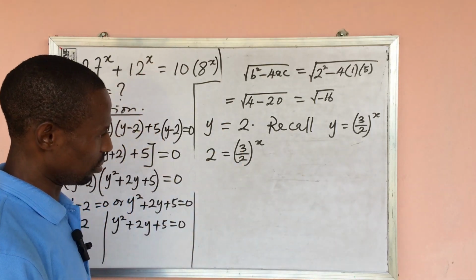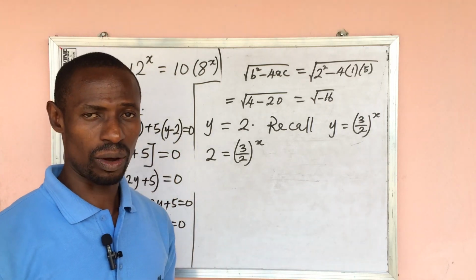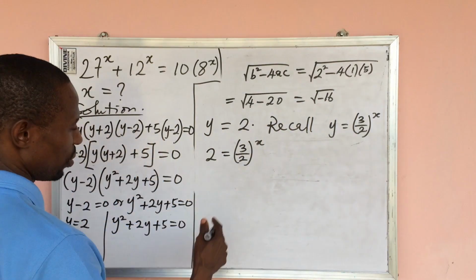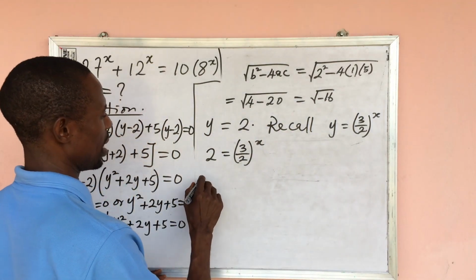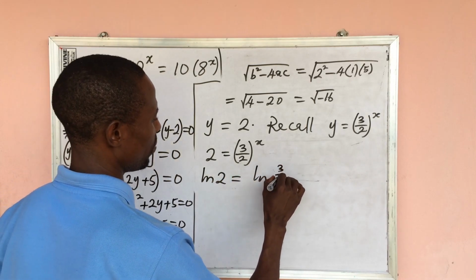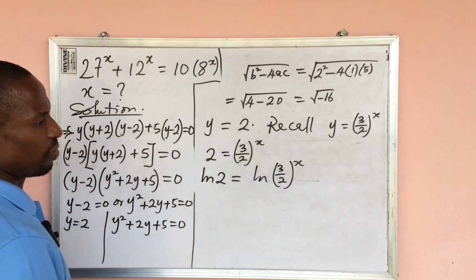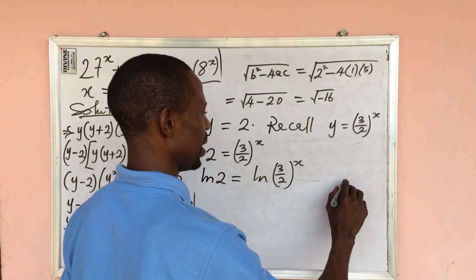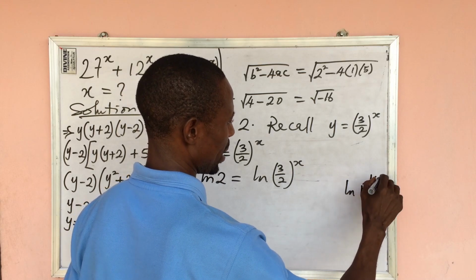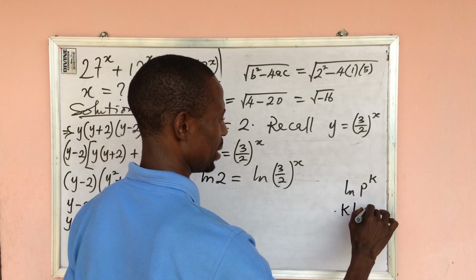Since that will not work out, let's introduce a natural log, which is the ln, to both sides of the equation. If we do that, this is going to give us ln2 equal to ln of 3 all over 2, all to the power of x. According to the law of logarithm, if you have ln p to the power of k, bring this k back to give us k ln p.